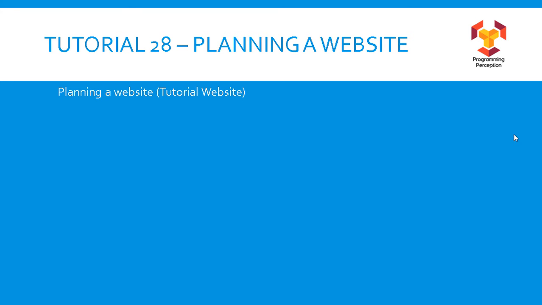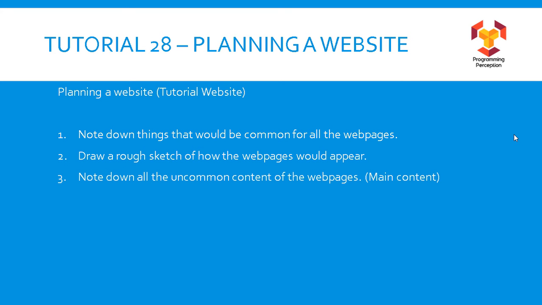Now we need to follow certain steps while we are planning a website. So let me tell you that. First of all, we have to note down things that would be common for all the web pages. Then we will draw a rough sketch of how the web pages would appear. And after that, we will note down all the uncommon content of the web pages.